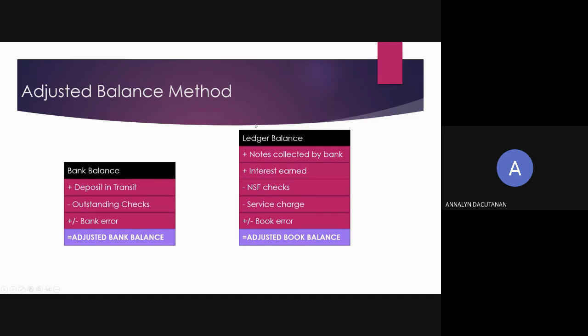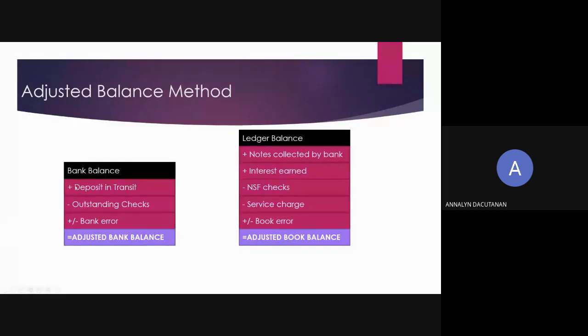Other way around. If ang hinahanap naman si bank balance, si unadjusted bank balance, given si ledger balance, given to, what do I need to do? Kailangan kong hanapin to. From ledger balance, computein mo muna siya. Minus book error. Pagdating dito, reverse formula. If it's an addition, subtract it. If it's a deduction, add it. Outstanding check, i-add mo.